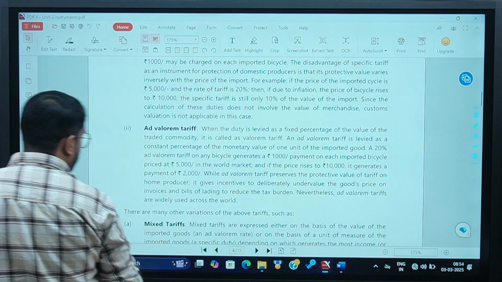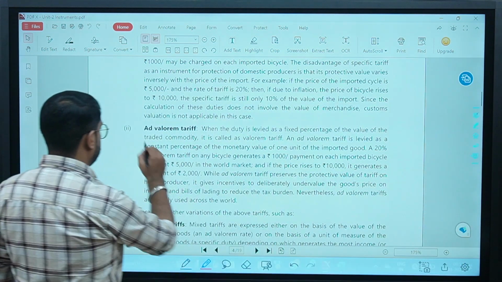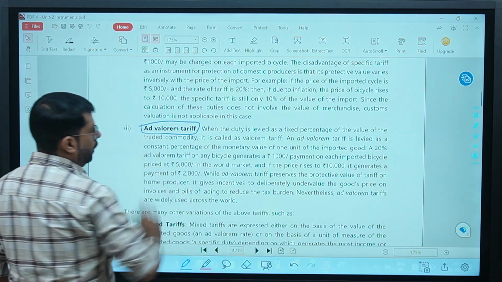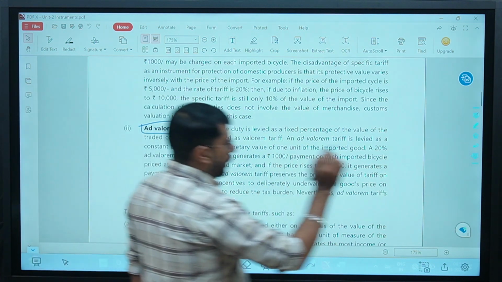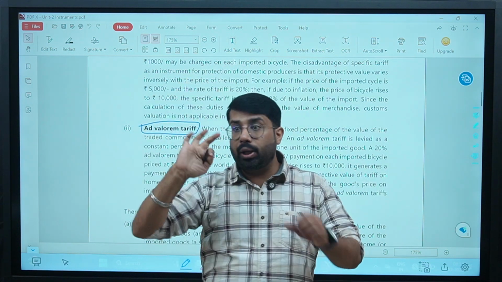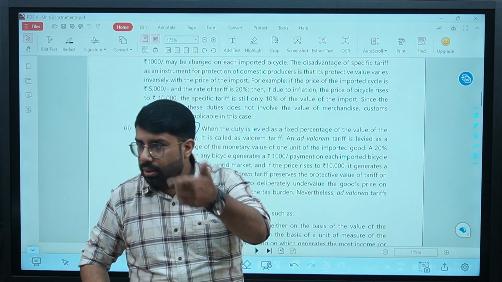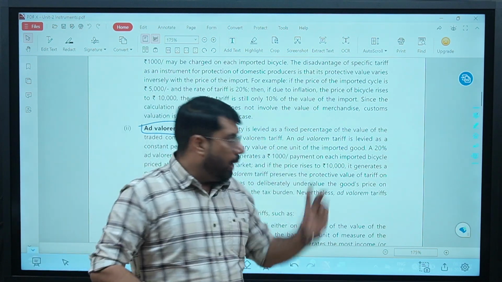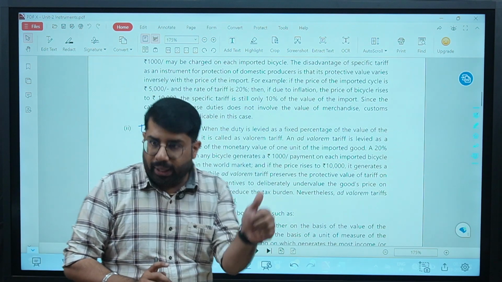Next is ad valorem tariff. Now, what is ad valorem tariff? In specific tariff, on what basis are you imposing the tariff? Three bases, sir. First, unit, weight, measurement. Clear? Now, in ad valorem, we are least concerned about the units.